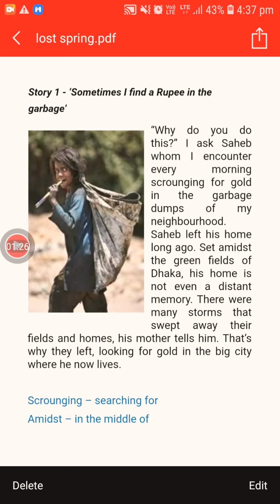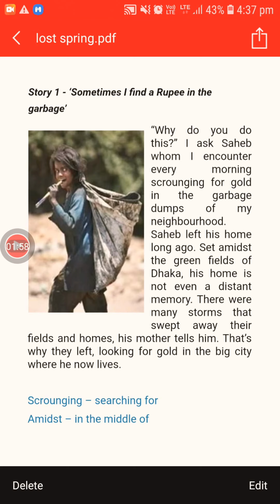Saheb left his home, he belongs to Dhaka, and the condition of the migrants who migrate from one place to another in search of food and other things is also a very important key point in this chapter. So food, shelter, and education, these three important areas are really the basic needs of children in India.